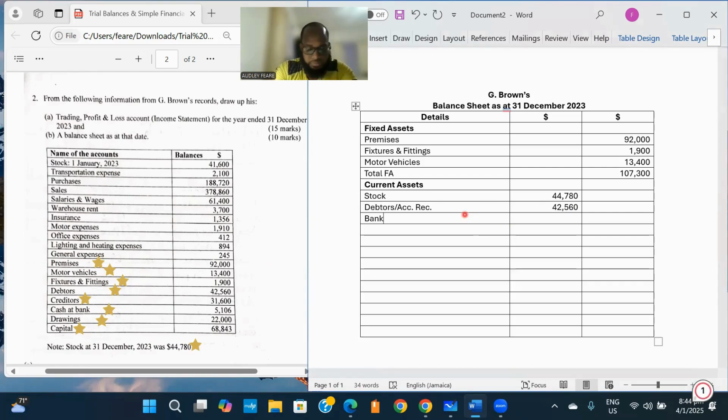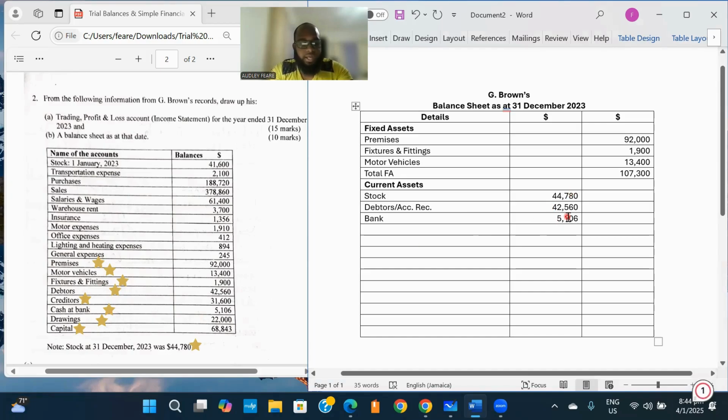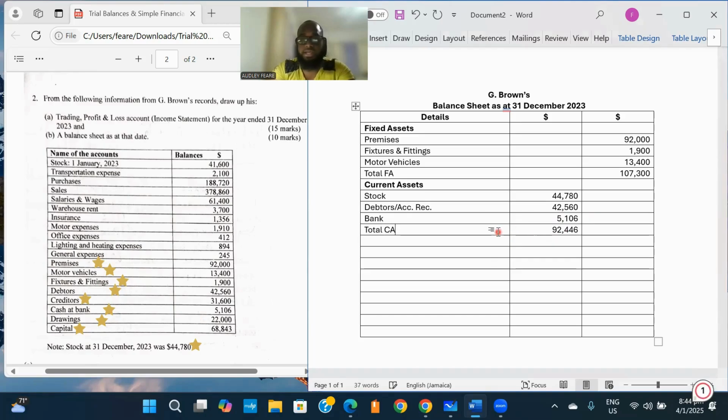So we put bank there. Bank was 5,106. All right, and now we're going to compute these. So when we compute these three, our total should be 92,446. And that is our total current assets.